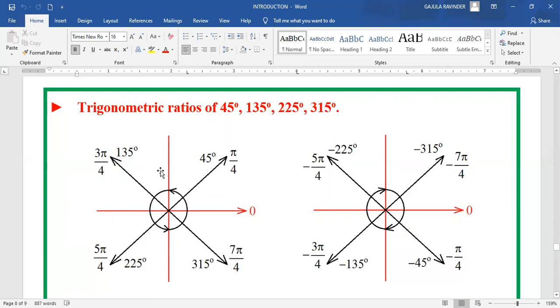So in all these four directions, or in all these four angles, sine and cos are 1 by root 2, tan and cot are 1, and secant and cosecant are root 2. And the sign will be taken according to the quadrant. Okay, friends. Even for this one also, the only difference is measuring in clockwise direction, but the terminal rays are the same. So the values of minus 7 pi by 4, which is minus 315, and plus pi by 4, which is plus 45, will be the same. This one is measured in clockwise direction, whereas this one is measured in anti-clockwise direction.